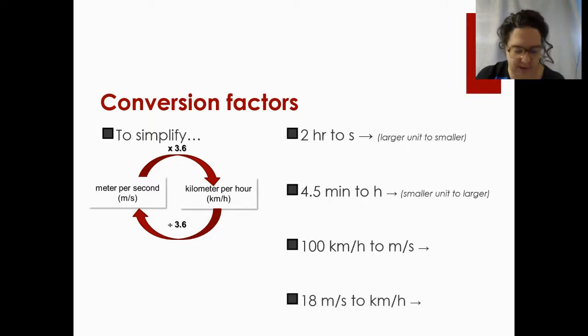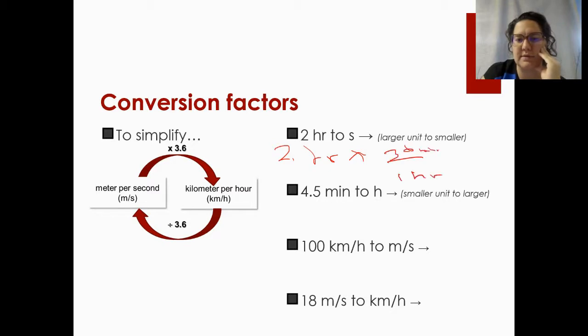So when we're going 2 hours to seconds, so we're going to go 2 hours. Okay, and we could do many. So 2 hours, I'm going to put hours on the bottom. So 1 hour is 60 minutes times 1 minute is 60 seconds.